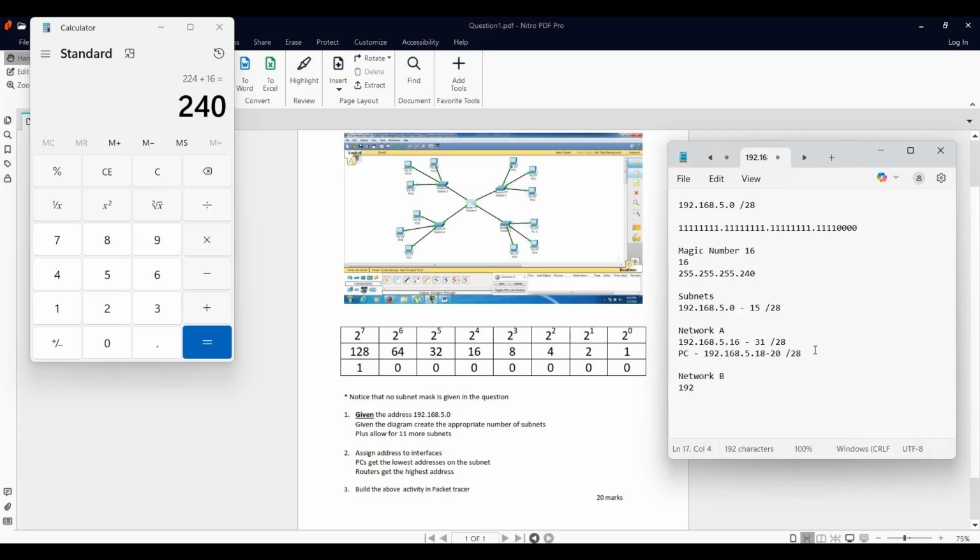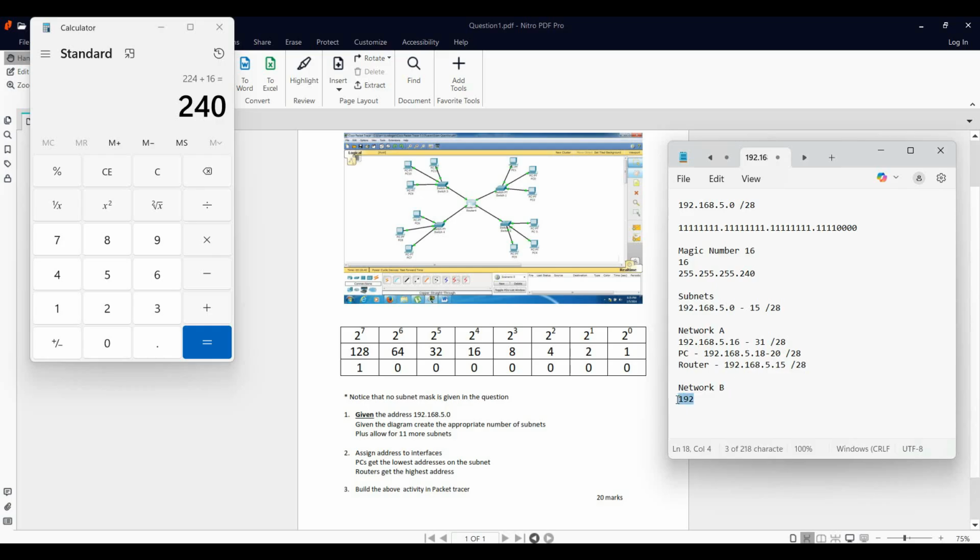Oh, sorry, I forgot to put in the router. The router would be 192.168.5, the last usable address in this subnet, 30, slash 28.